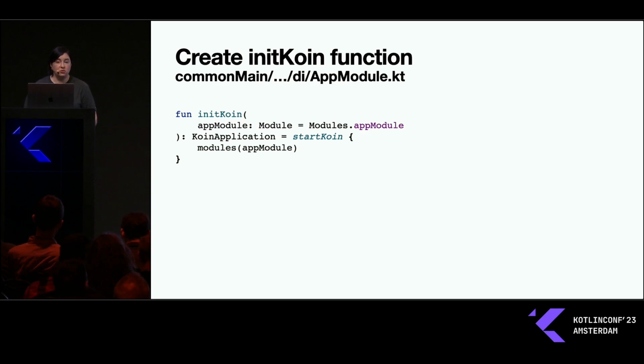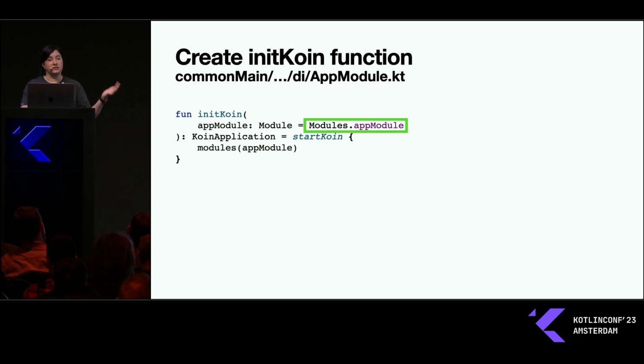To initialize Koin to inject dependencies properly, we need to call the start Koin function with all the application's modules. And we can do that by creating this init Koin function that will either pass in the app module or will default to using the variable that we created in the previous step.